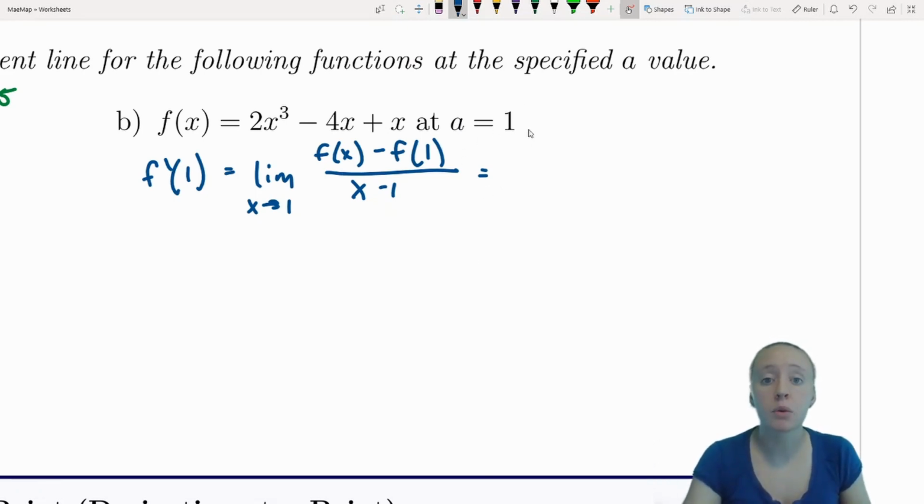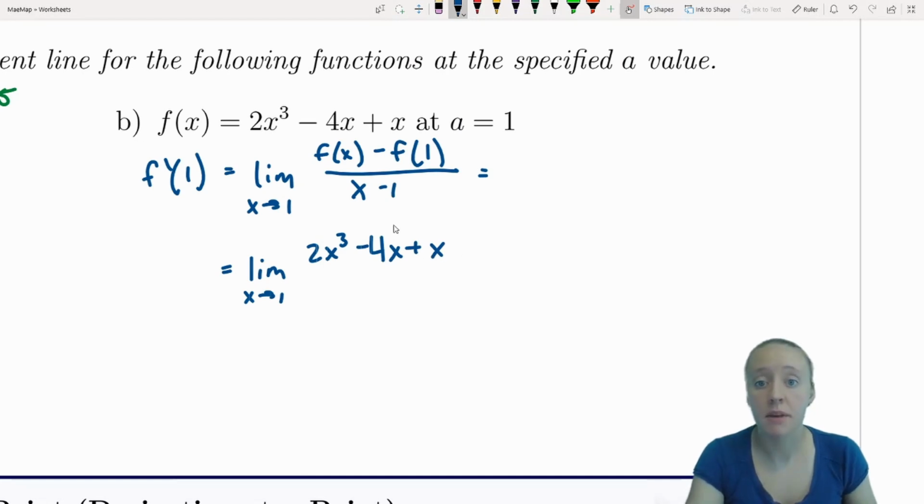We're going to figure out what f of a actually is, and we're also going to plug in f of x. I'm going to say that is equal to the limit as x approaches 1 of 2x cubed minus 4x plus 1, that's my function, minus f of 1.